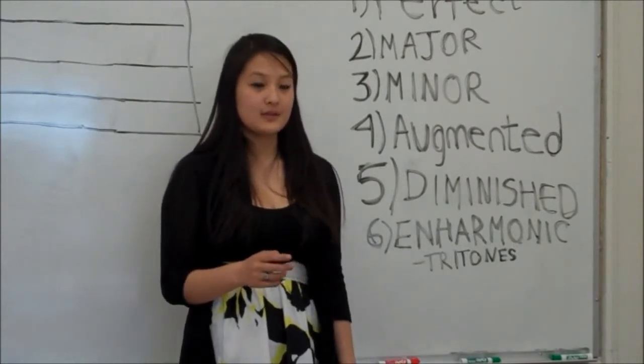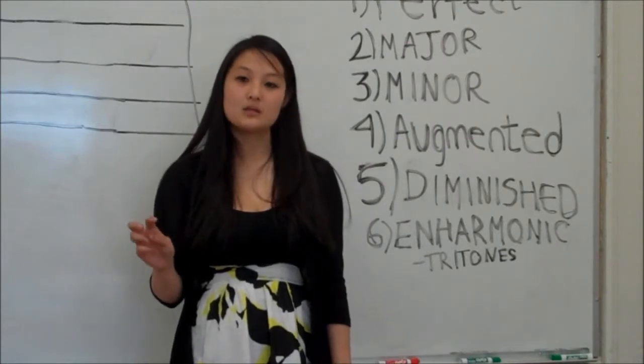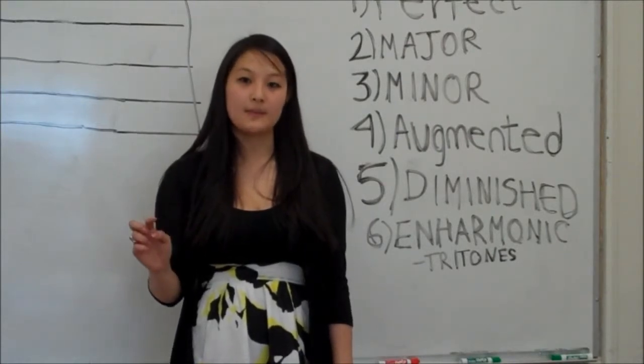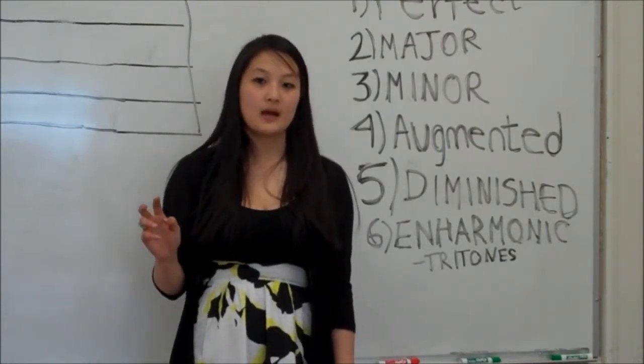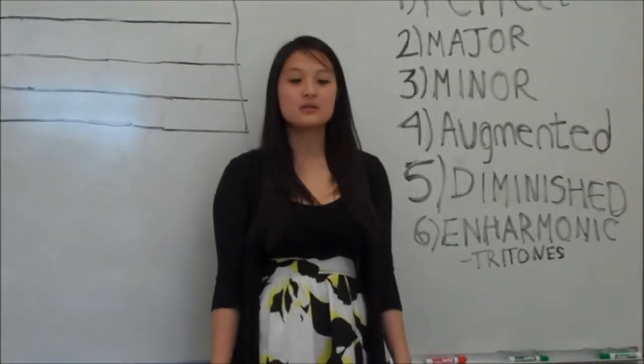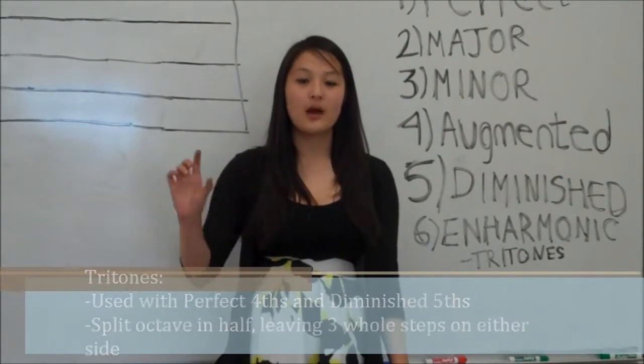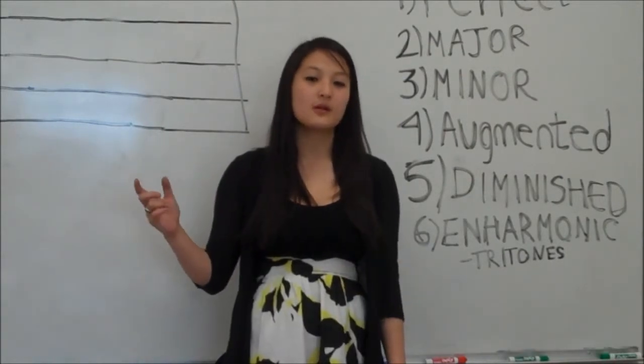These would all sound the same, but they had different names. This is because the C and the B sharp sound the same, just as the G sharp and the A flat. So next we talked about tritones, and these are used with perfect fourths and diminished fifths. And this is because on either side there are 3 whole steps which make up the octave.